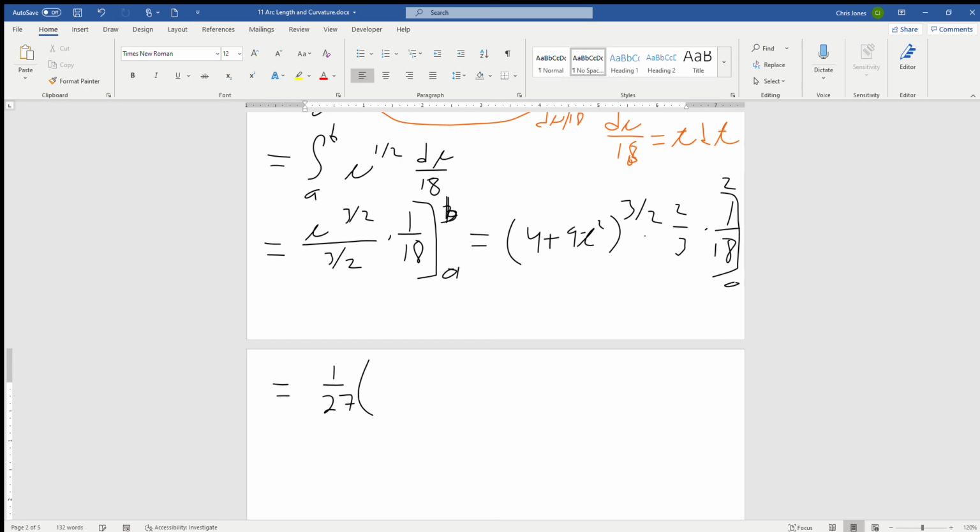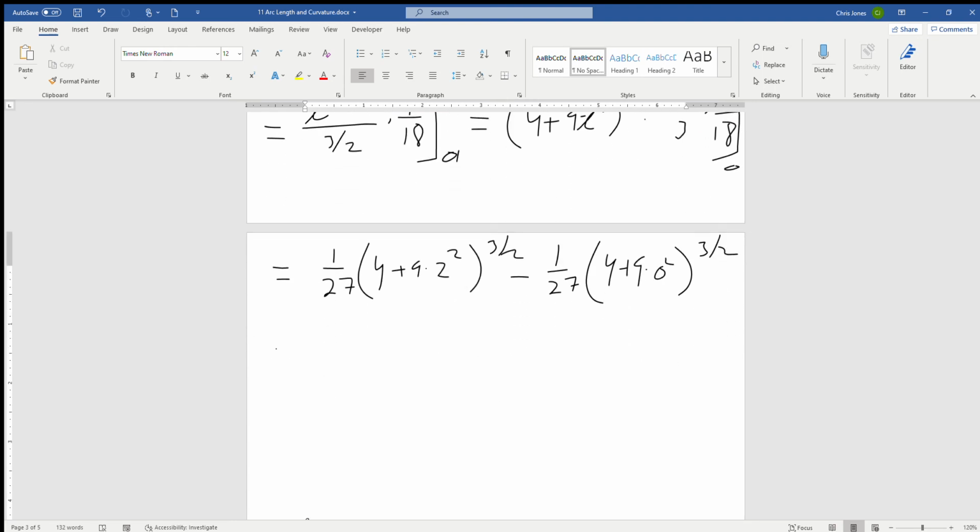We're going to substitute 2 back in first. So that's going to be 4 plus 9 times 2 squared to the 3/2 minus 1 over 27. We're going to substitute 0 back in: 4 plus 9 times 0 squared to the 3/2. All right, and one possible answer that we could get, we have this 36 times 4.